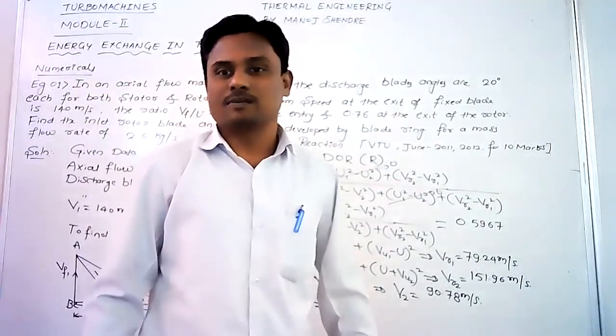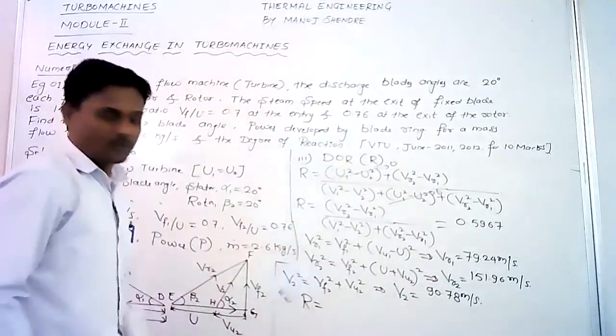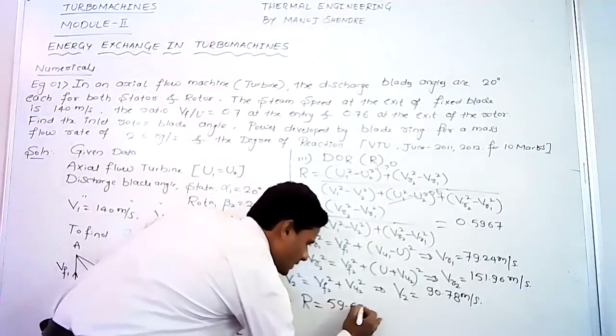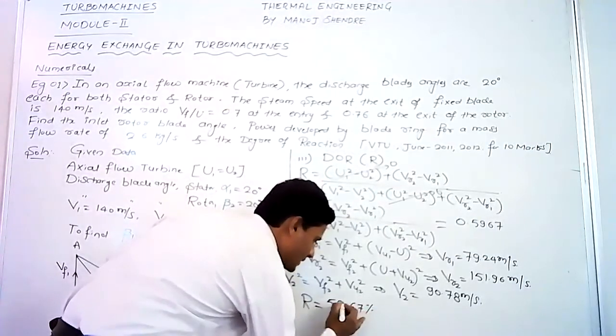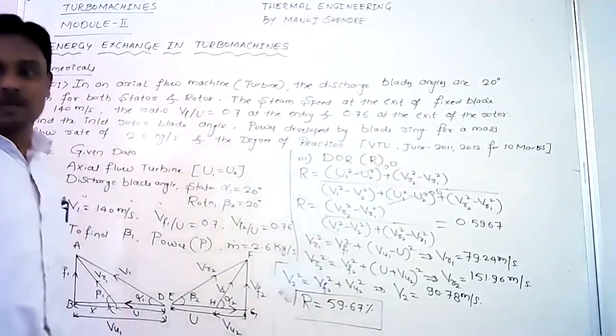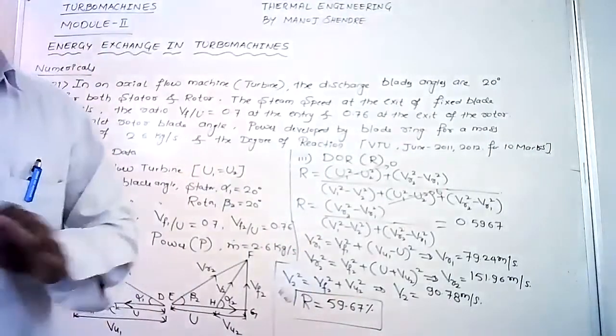So we get R equals 59.67 percent. So this is the value for degree of reaction.